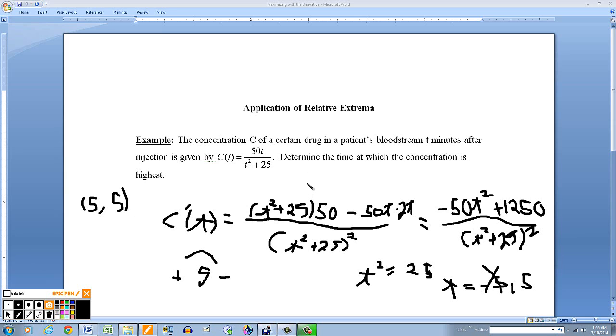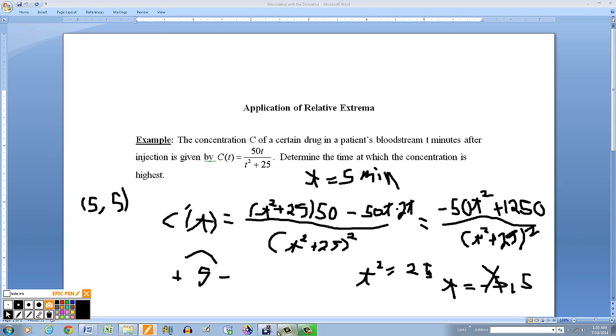So the answer to this then, what they're asking is the time. So this would be t is equal to 5. And that's in minutes. Okay, so that would be the answer to this. And if they ask you for the actual concentration, that would also be 5 in this case, 5 units.